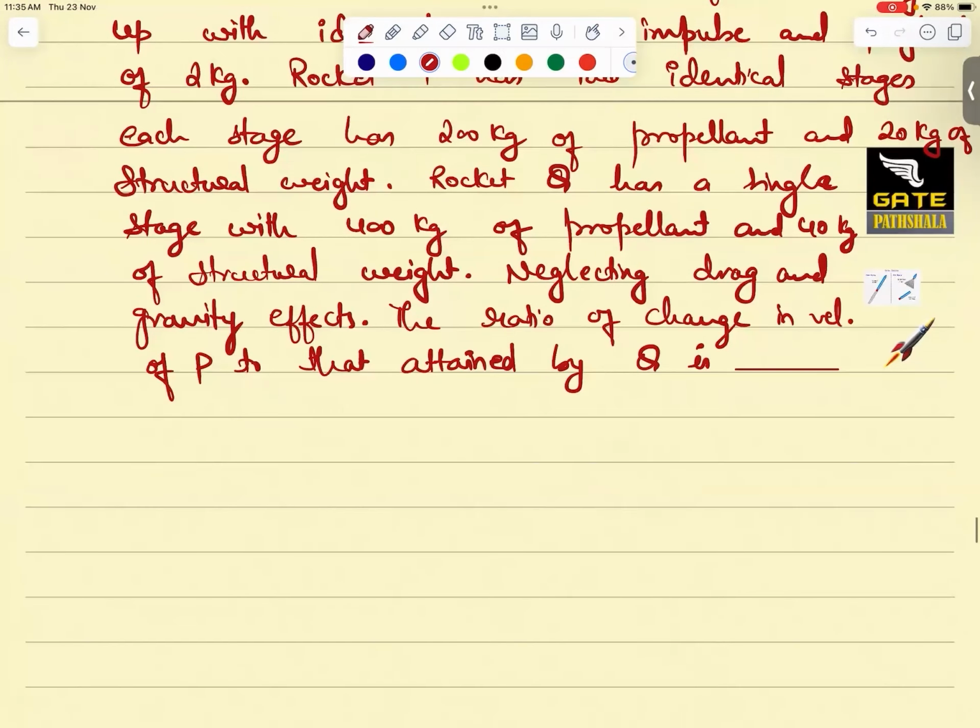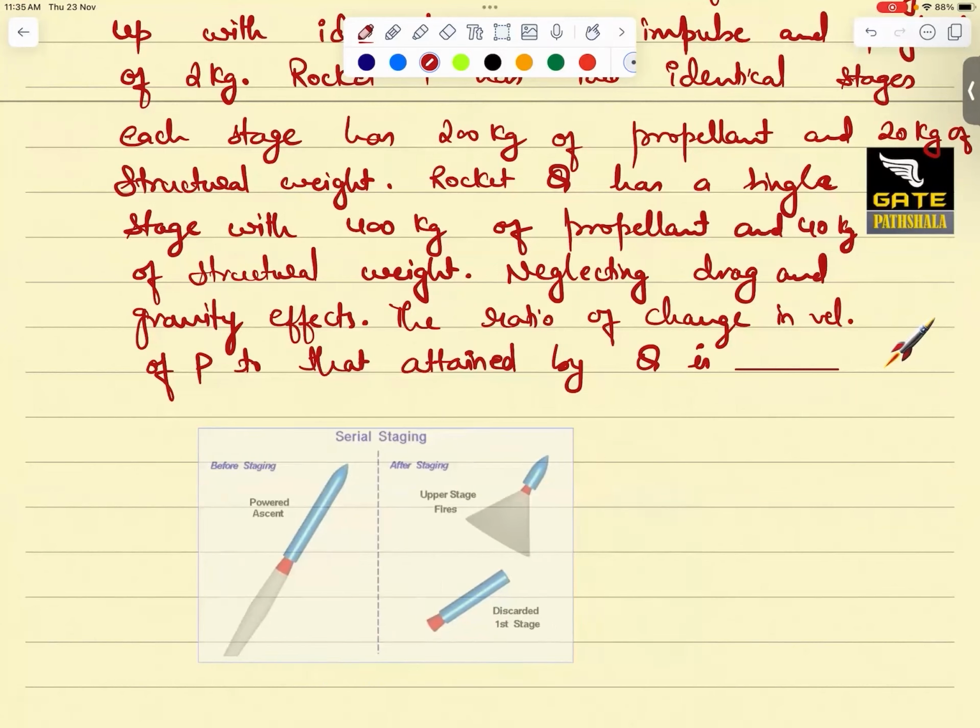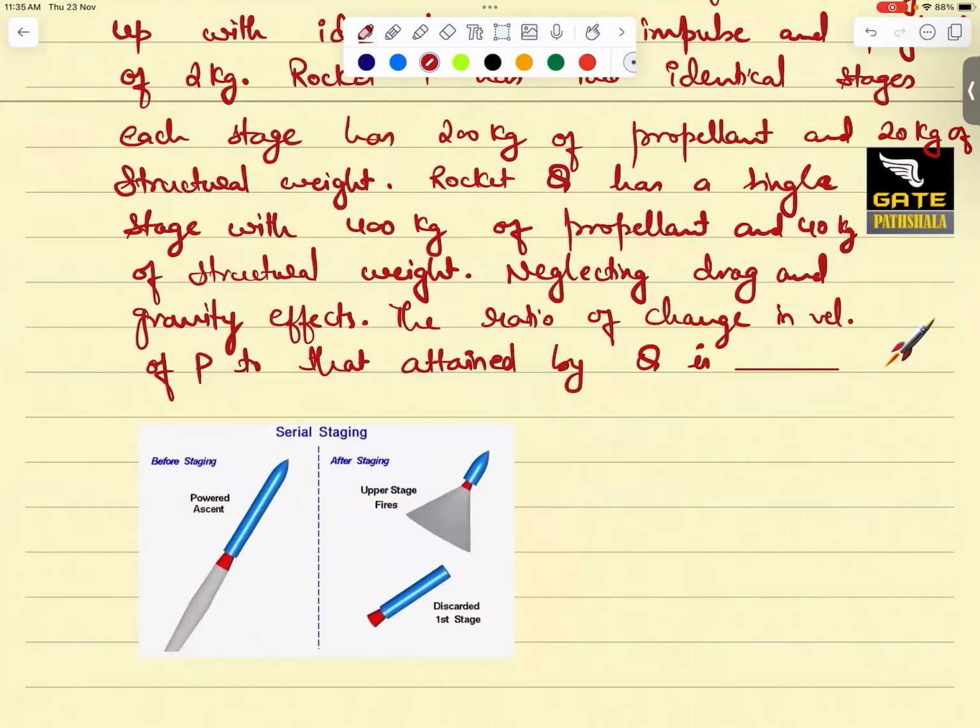So the given story is like this. You have the rocket P, which is like this, and you have the rocket Q, let's say, having a single stage like this.